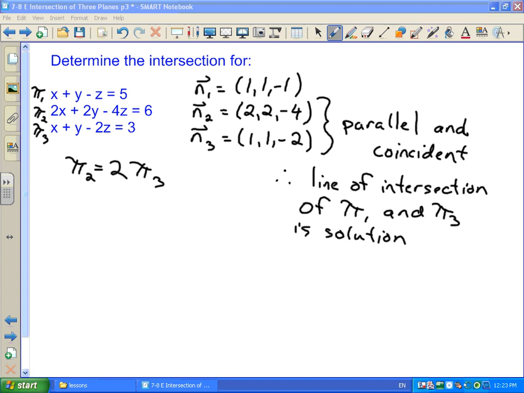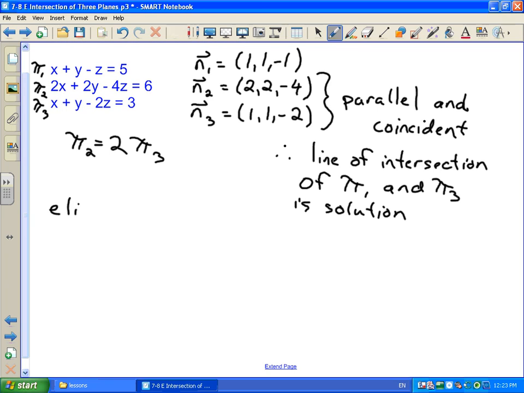Okay? And we've done these questions where we're looking for the intersection of two planes. So what are we going to do here? We are going to eliminate x from 1 and 3. So if I just do plane 1 minus plane 3, that'll eliminate x for me, and that'll get me x minus x, x's go away.